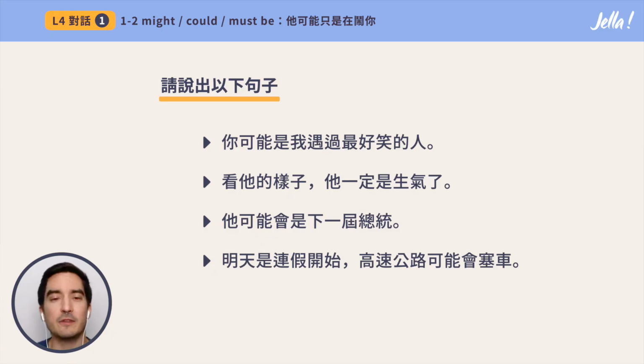Now, a lot of students use in. So tomorrow, there might be in a traffic jam or might be in traffic. Now, if we're talking about tomorrow, you don't want to use the word in. In a traffic jam means I'm driving and oop, my car is in a traffic jam. So that means the other cars are around you, so you are in a traffic jam.